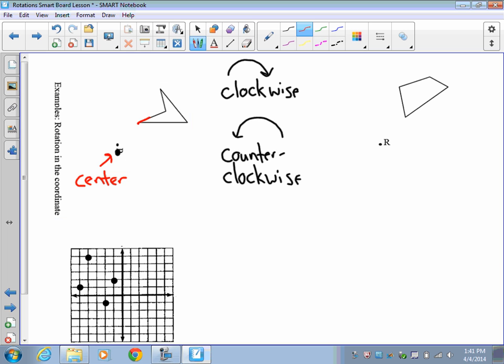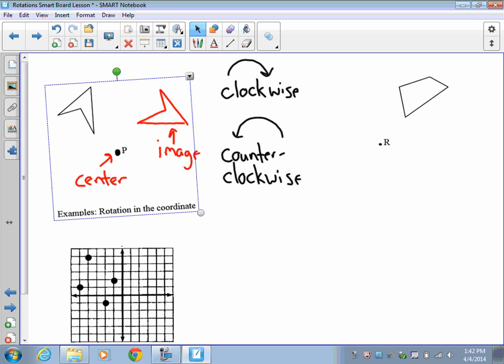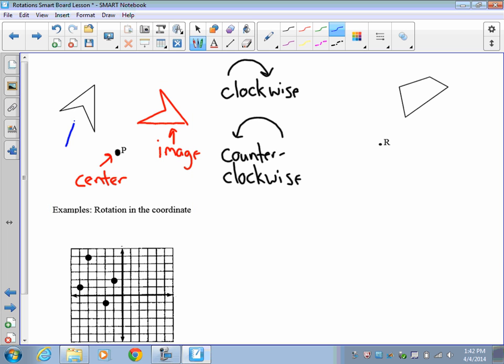But anyways, this right here is my image. So whenever I move it back over, I see that the original shape is my pre-image.